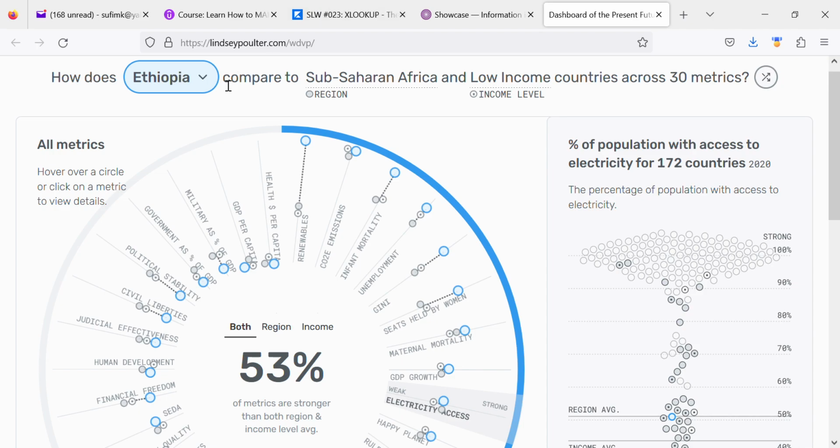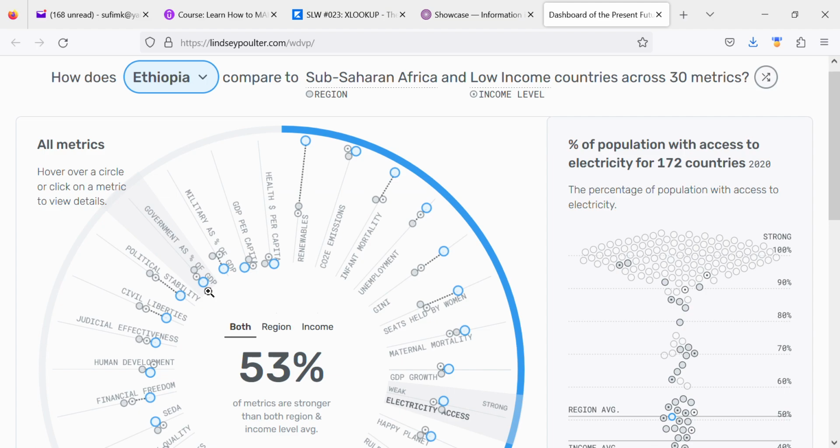Potential areas for Ethiopia to work on are those where the value is very low. Health per capita is very low. GDP per capita is also very low, at 2.6 thousand. Military as percentage of GDP is 0.5%.